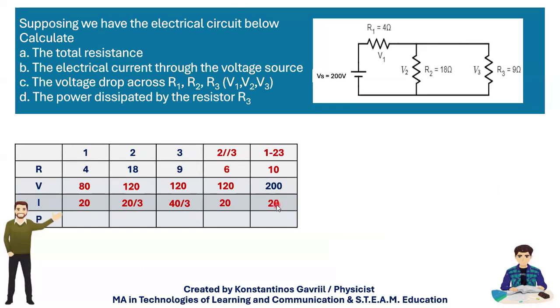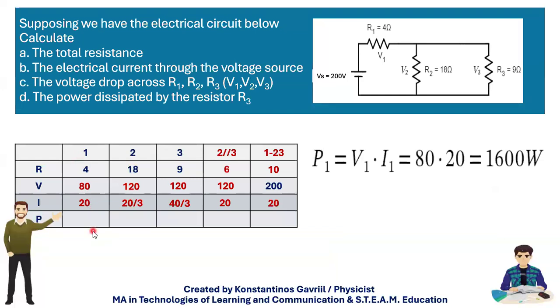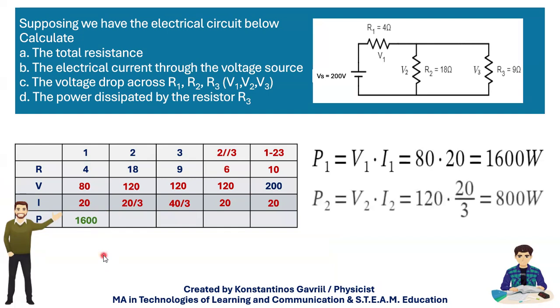Okay, so I continue now with the P1. Here I have everything. I have many formulas for the power, and I use one of them, V1 times I1. So I get from this multiplication the product of 1600 watts. Here for P2, V2 times I2, 800 watts.